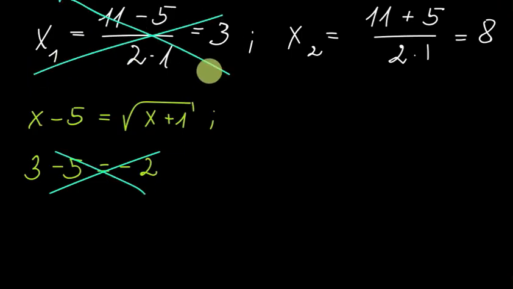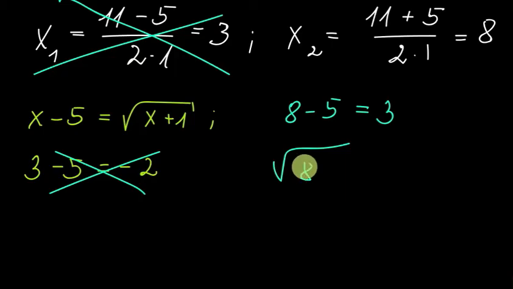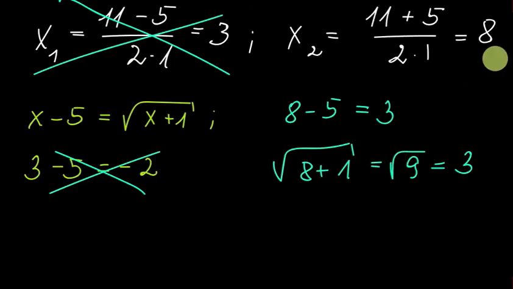Now let's check if 8 is our solution. 8 minus 5 will give us 3. The square root of 8 plus 1 will give us the square root of 9, and that is equal to 3. So x is equal to 8. This is the right solution.